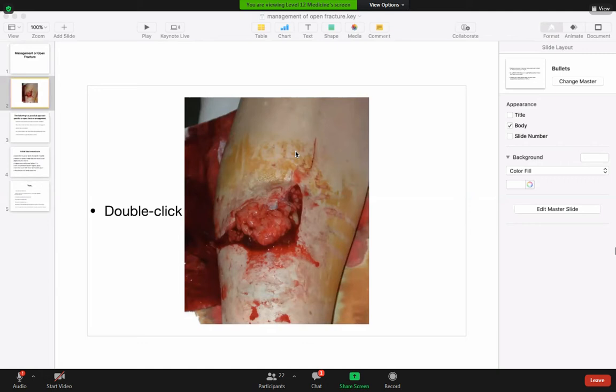The moment you receive the call, the first question to ask is, did you give the patient antibiotics? Because that's the most important factor to reduce the risk of infection in patients with open fractures. You can delay his surgery 24 hours or to the next morning, that's fine. But delaying administration of antibiotics will have a significant impact on the patient's outcome. So antibiotics, number 1. Number 2, tetanus status.